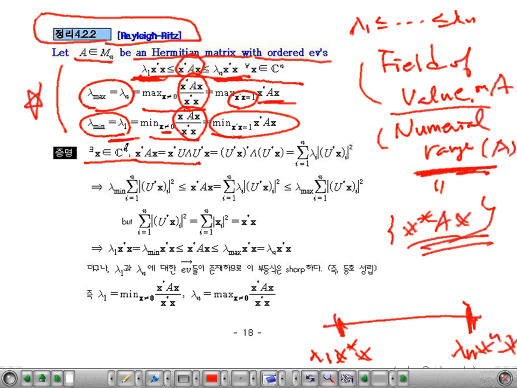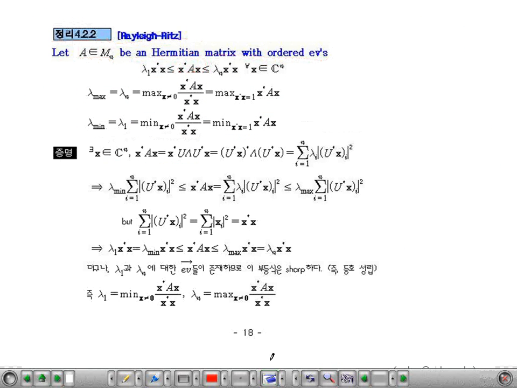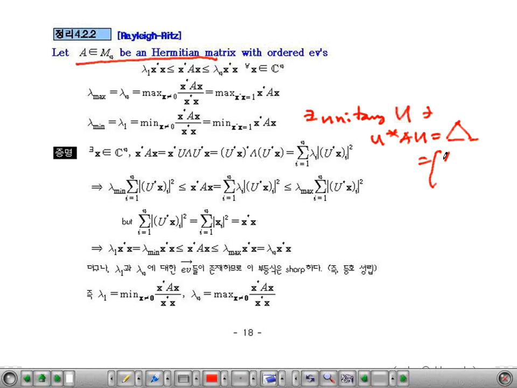First, since A is a Hermitian matrix, there exists a unitary matrix U such that U star AU is a diagonal matrix, say with lambda 1 up to lambda n on the diagonal.